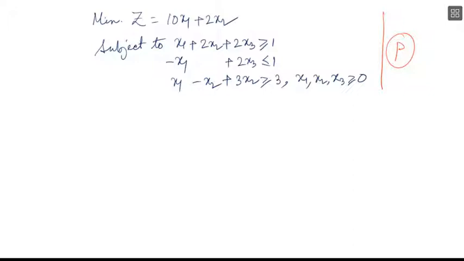Two constraints are of greater than equal to type and one constraint is less than equal to type. So first we convert the problem into a minimization symmetric form, that is, we convert all the constraints into greater than equal to type.